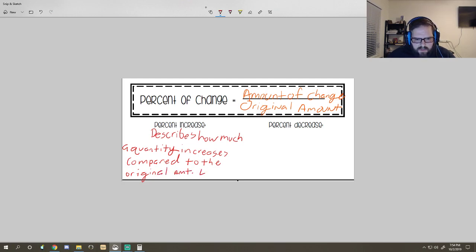So an example of this would be a markup or a cost markup. So an example would be a markup or price increase.